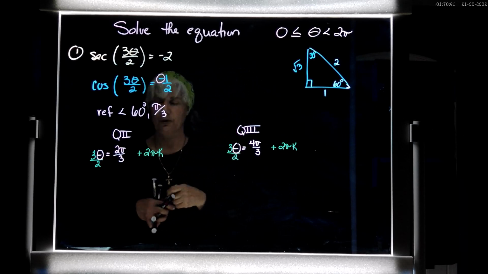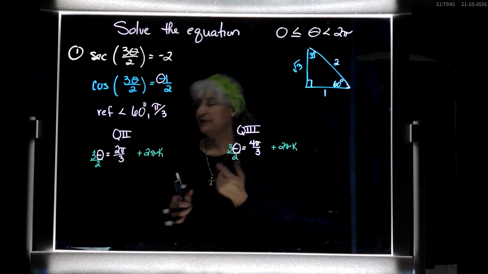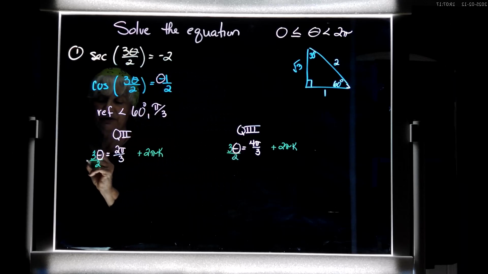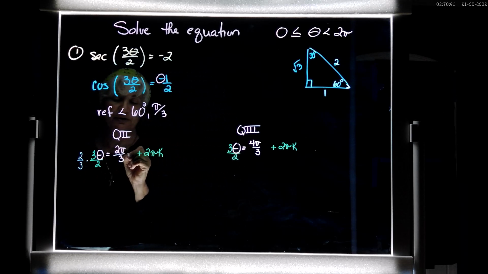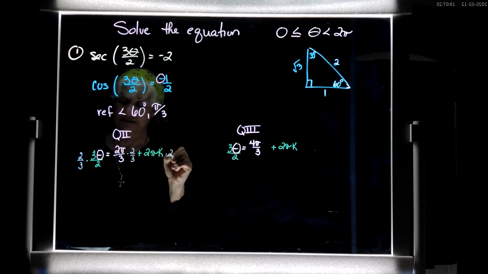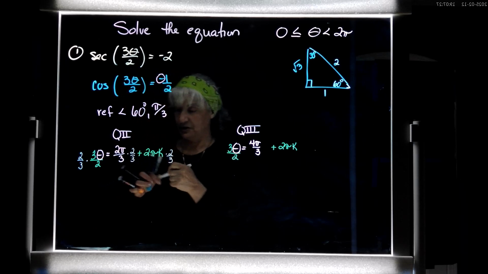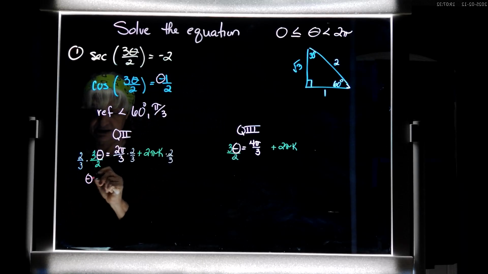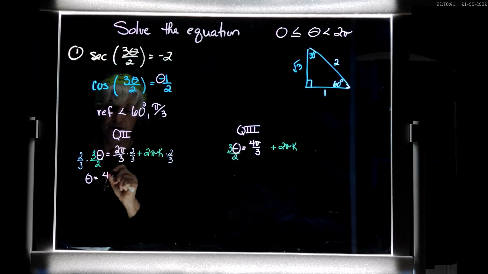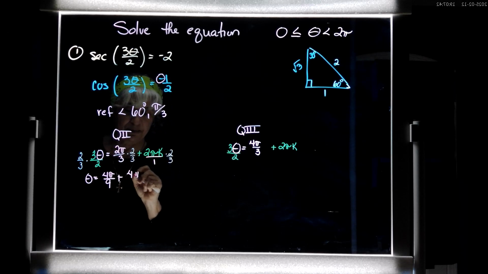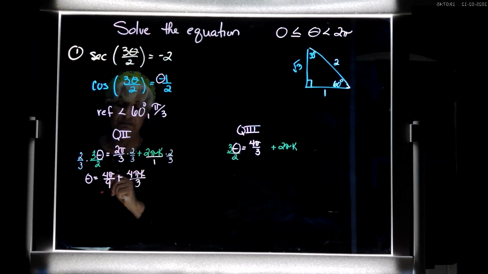With me? Okay. So let's see what happens. To get rid of this 3/2, multiply by its reciprocal on both sides. So let's see what we get. We end up with theta equals 4 pi/9, and here, yeah, put that over 1, you got 4 pi k/3.